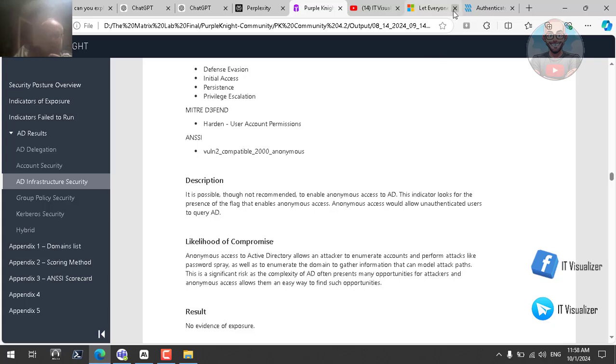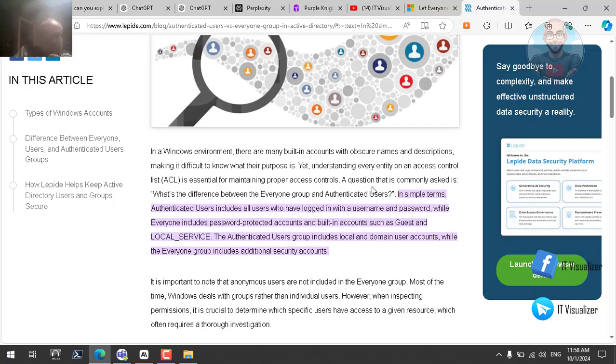Okay, so what is the Everyone group? If we go there and see, in simple terms, authenticated users include all users who logged in with a username and a password, while the Everyone group includes password protected accounts and built-in accounts such as guest and local service. The authenticated users group includes local and domain user accounts, while the Everyone group includes additional security accounts.